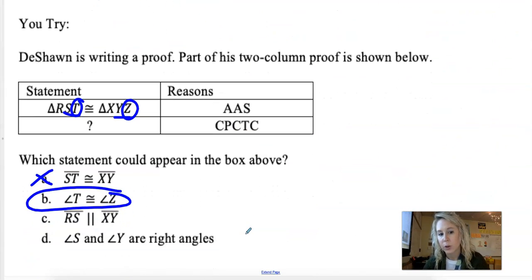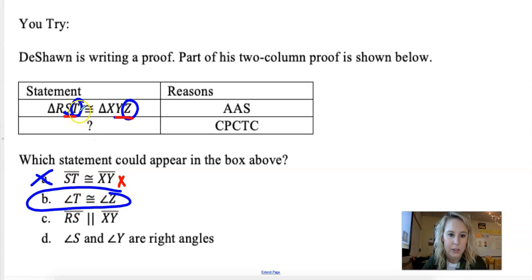The answer to the bottom one was B. And so they really didn't give you a ton of information, but they wanted you to figure out what the proof part would be. And if it is CPCTC, it has to be a corresponding part. So ultimately, you're just trying to see what matched up. So ST are the last 2 letters, so it should have matched up with YZ, but it did not.